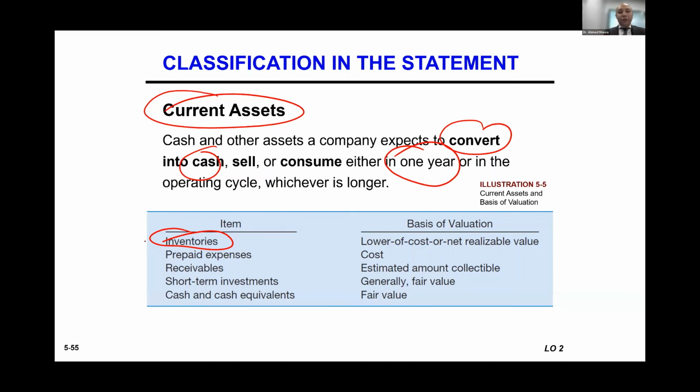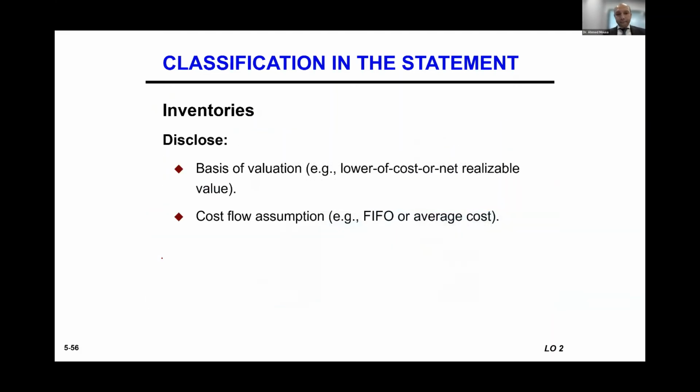You have cash, or you have a receivable. Someone owes you money and will pay you within 2 months. So this is a current asset. Any asset that can be converted to cash within 1 year is a current asset. Anything else is a non-current asset.